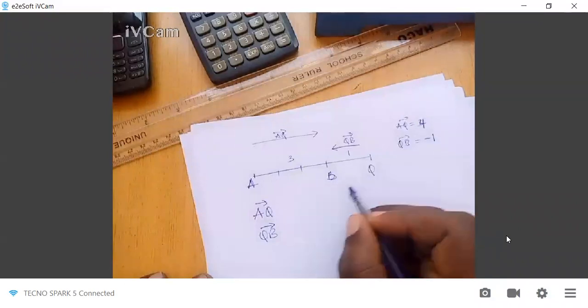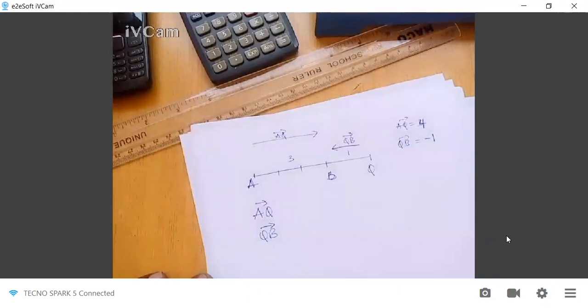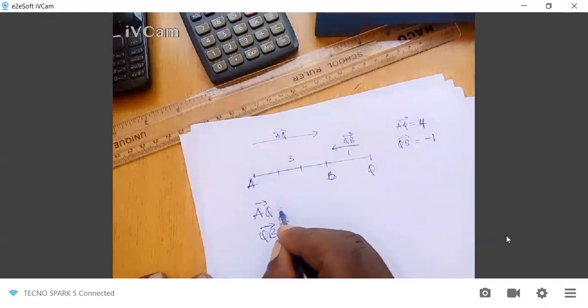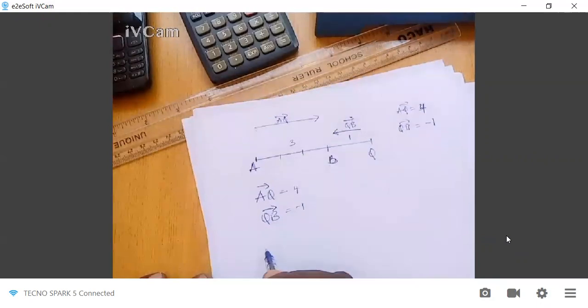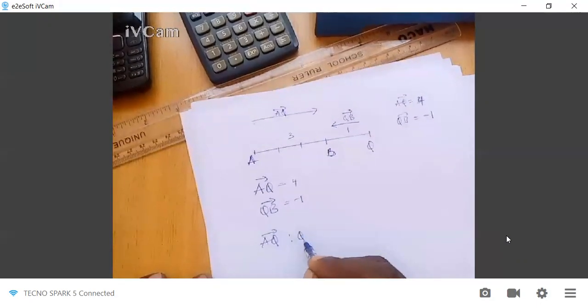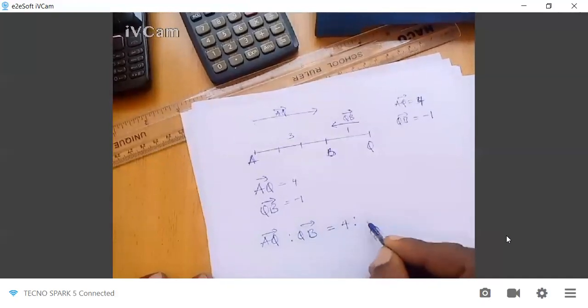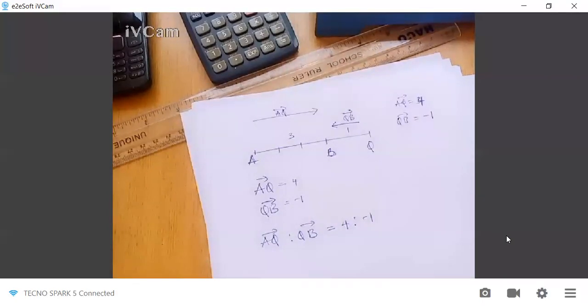But what is BQ? Let me ask you, what is BQ? 1. Correct. Very good. BQ is 1. So since we have found out that AQ is 4 and QB is -1, that means that AQ to QB is given by 4 to -1.